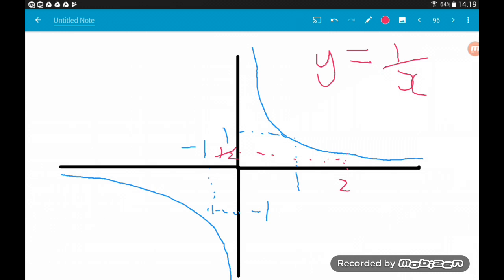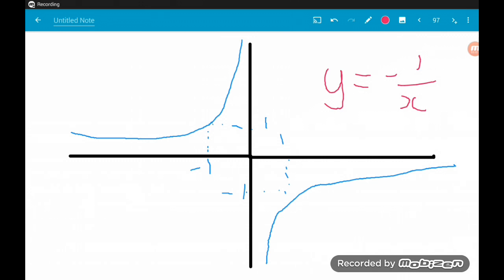Or on the flip side, as x is getting closer and closer up towards 0, so x is getting bigger, so less negative, the value of y shoots off down to negative infinity. So that's what our graph of y equals 1 over x looks like.